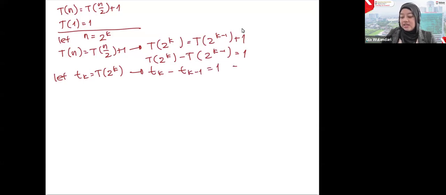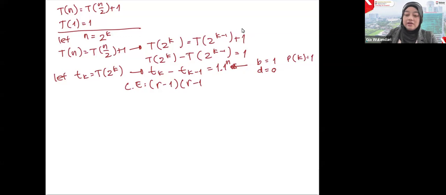So we can see this as a usual non-homogeneous linear recurrence relation, where the characteristic equation for that is r minus 1 from the left hand side, and from the right hand side we have 1 here, and 1 means we have b equals 1 because it is basically 1 to the n, and d equals 0 because the polynomial is 1, right?